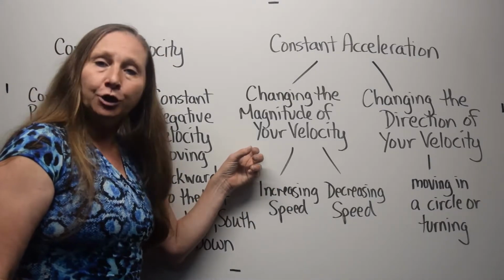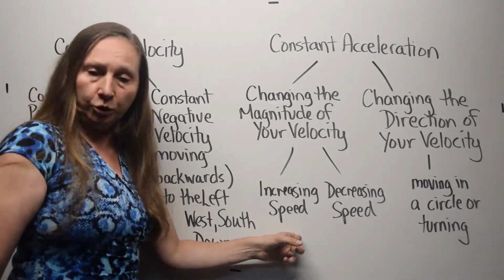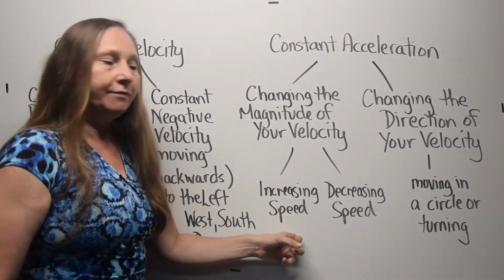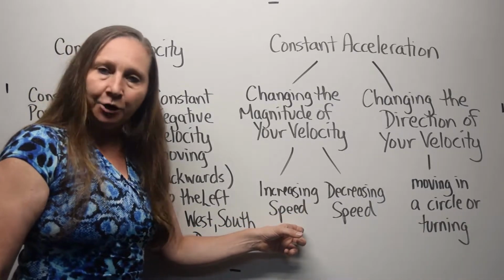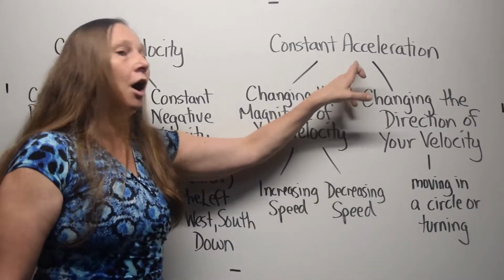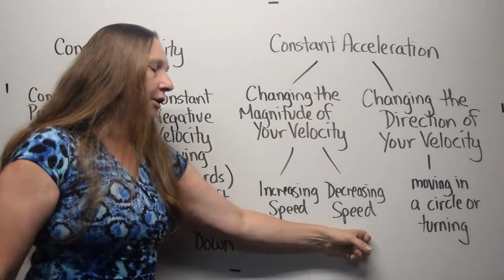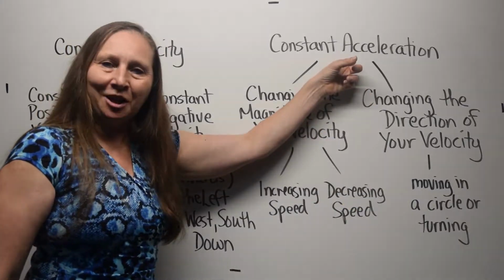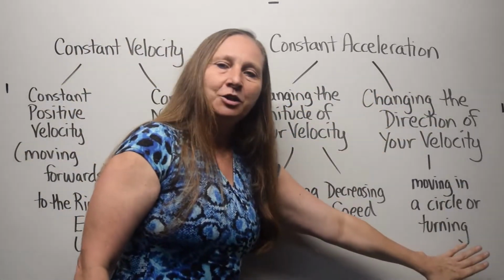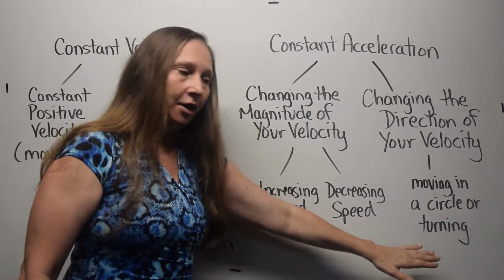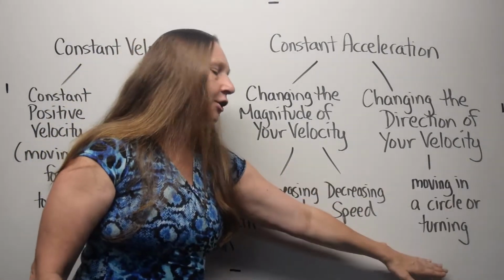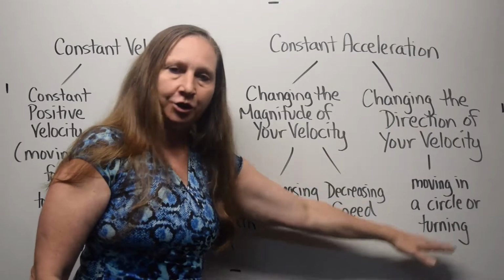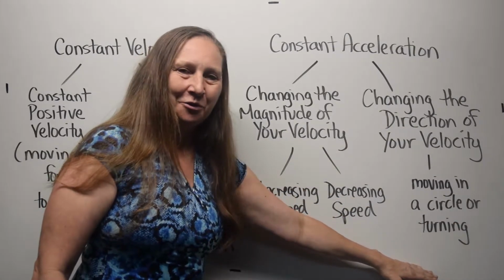Remember, the magnitude of your velocity is your speed. We will not be looking at specific graphs in this video where you are moving in a circle or turning, where your direction is changing. We'll save that for another video.